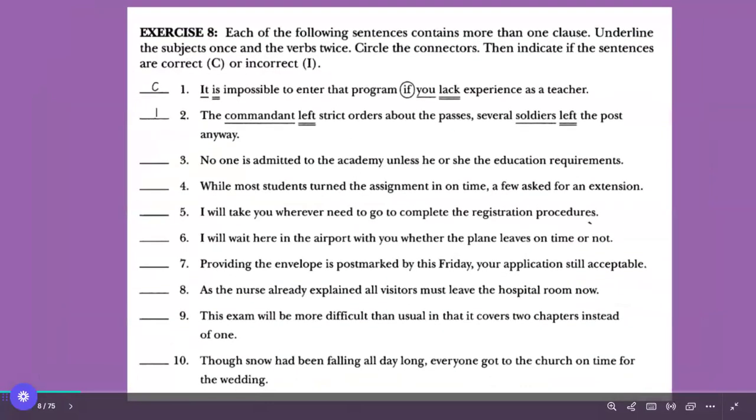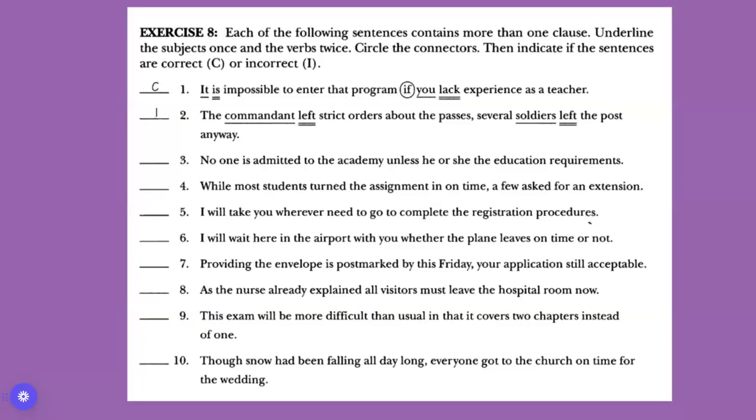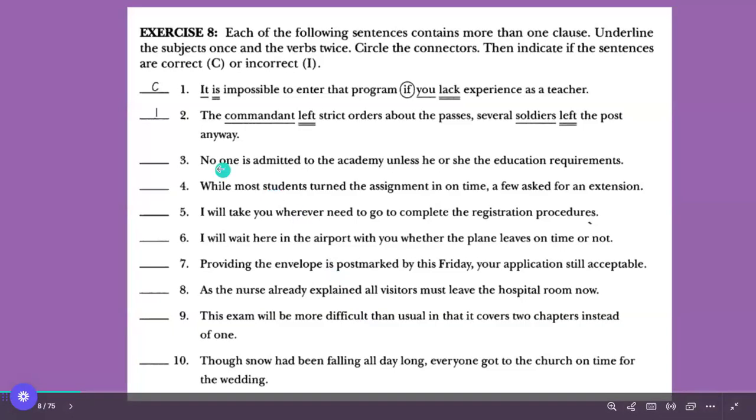Let's analyze these sentences and see if they are correct. Number 3, no one is admitted to the academy unless he or she the education requirements. Is this sentence correct or incorrect?